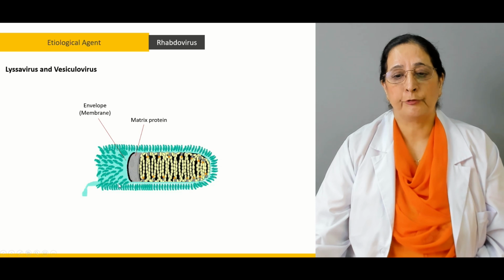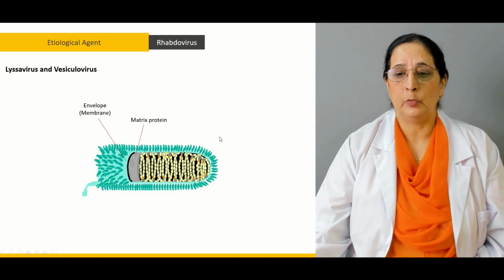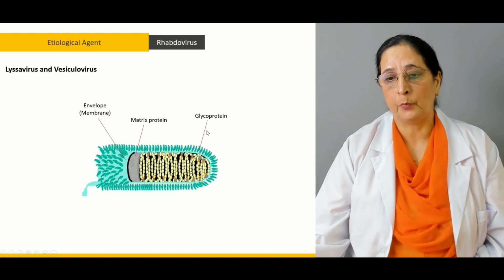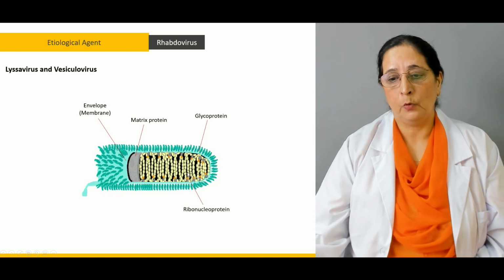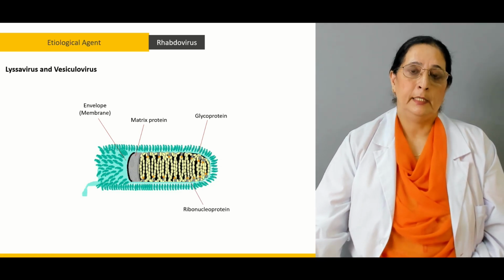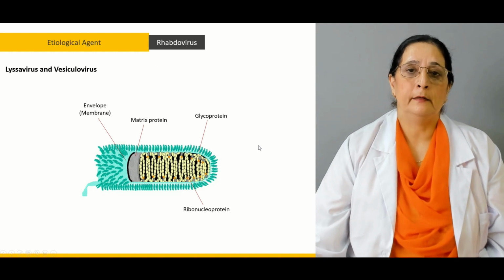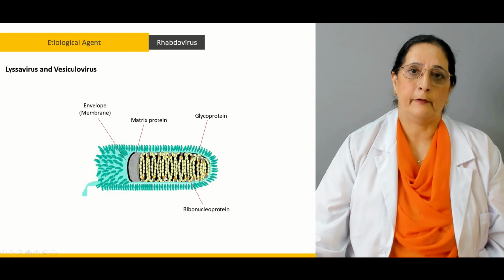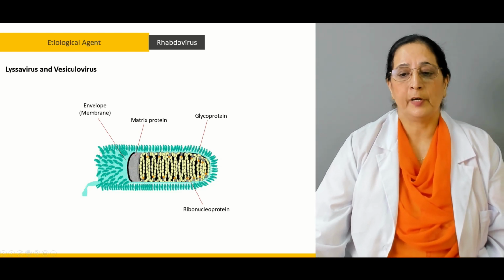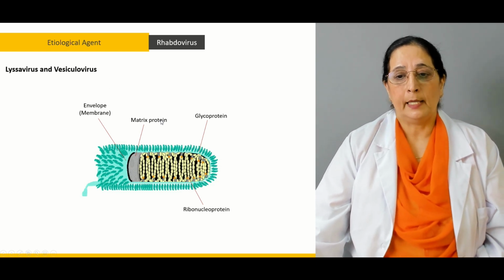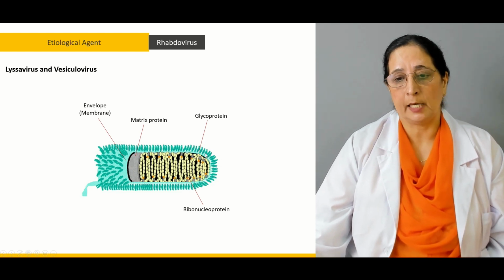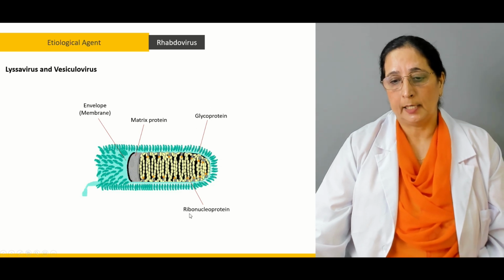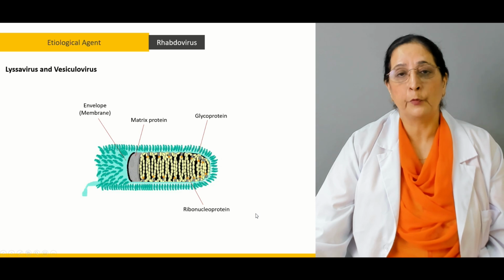This is the matrix protein, then we have the glycoprotein, and then the ribonucleoprotein.